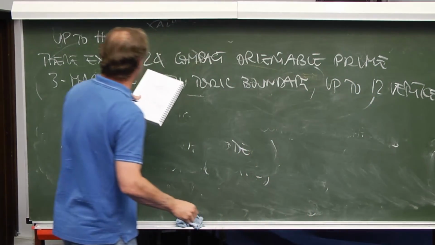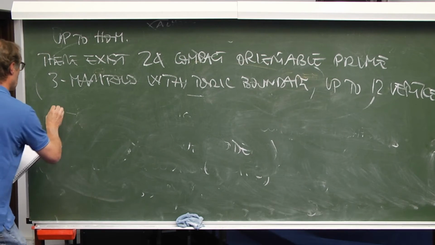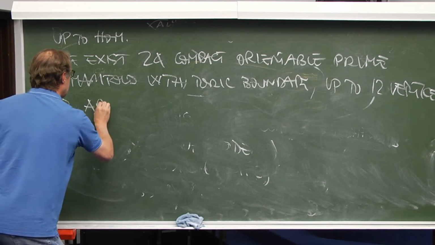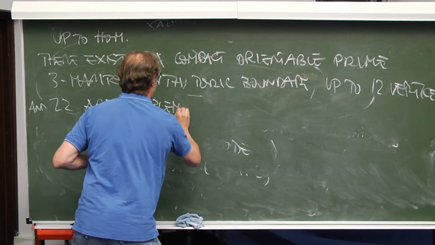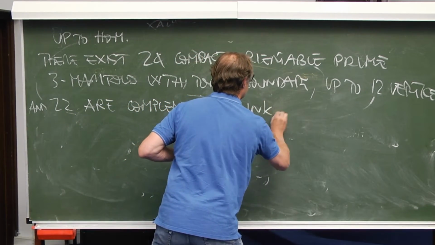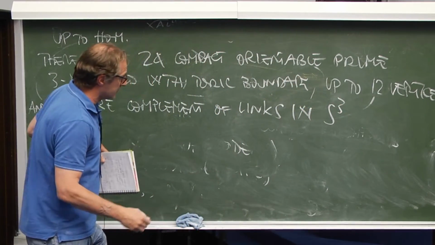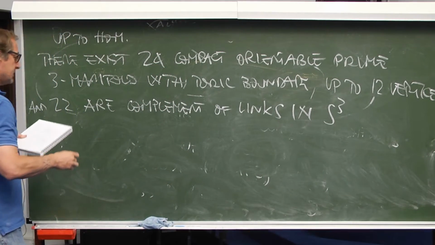And of these 24 orientable prime 3-manifolds with toric boundary, 22 are complements of links in S3. Only one is a knot, the trivial knot. The other 21 are links.